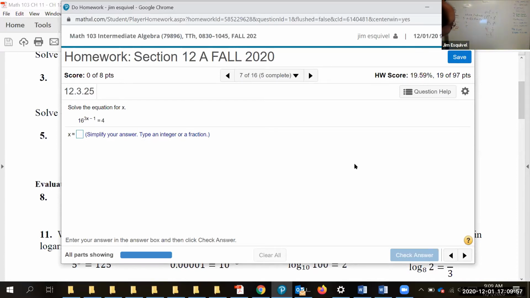Number 7. And yeah, you can get all sorts of crazy things. 16 to the 3x minus 1 equals 4.